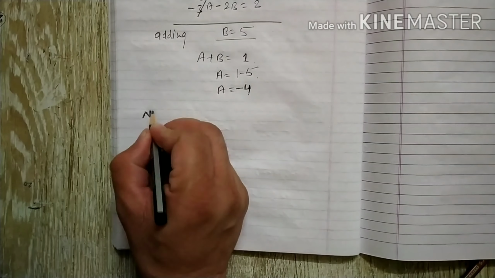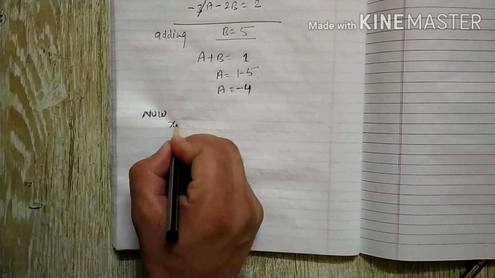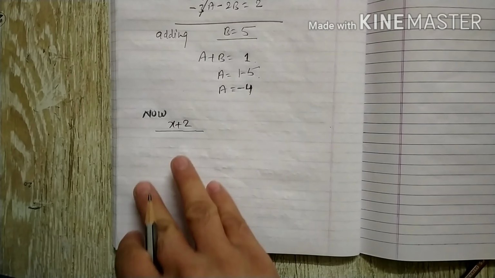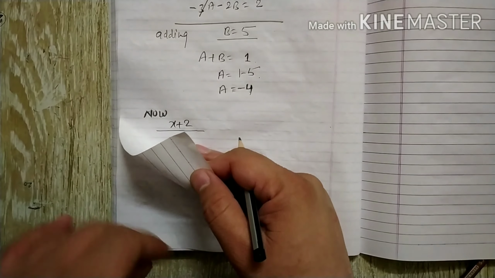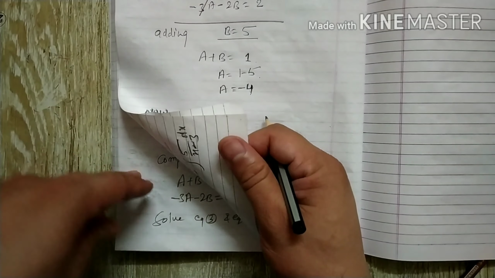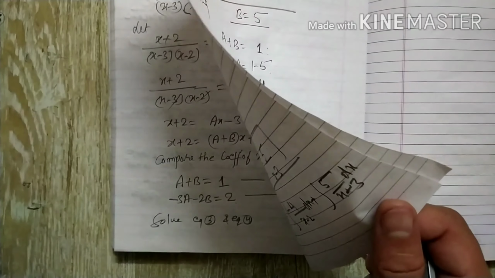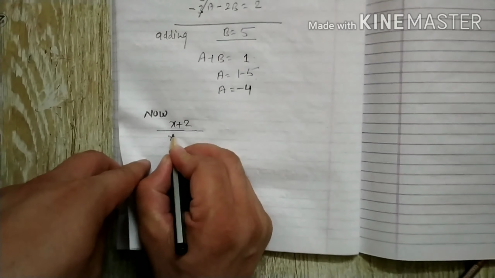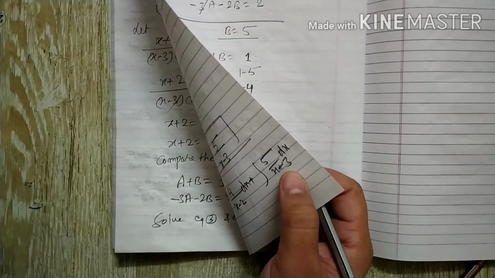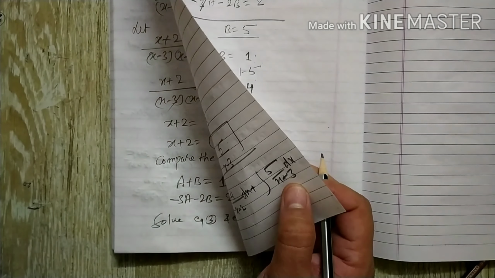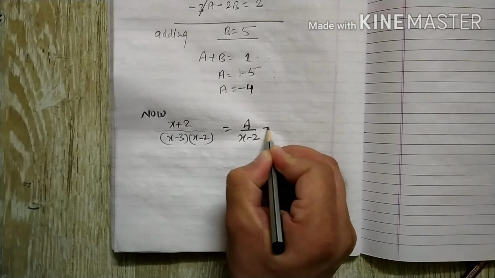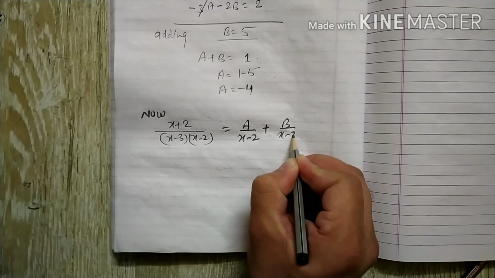Now we can check whether these answers are correct or not. What we discussed and wrote previously was x plus 2 upon x minus 3, x minus 2, equals a upon x minus 2 and b upon x minus 3.